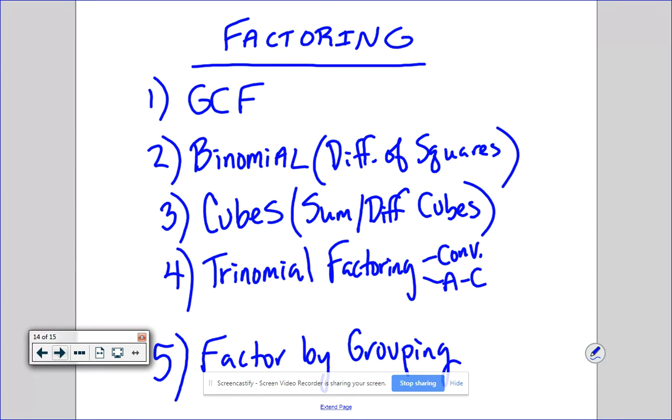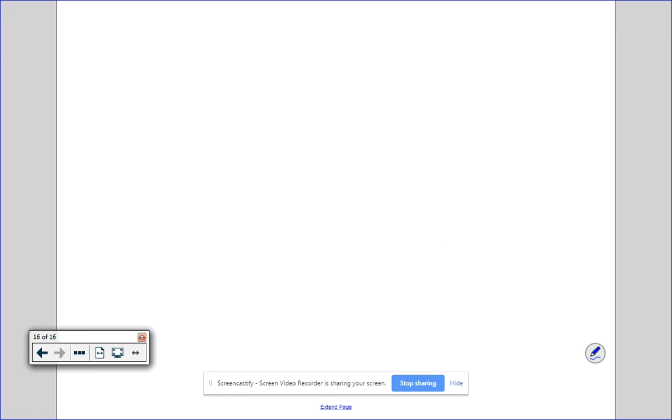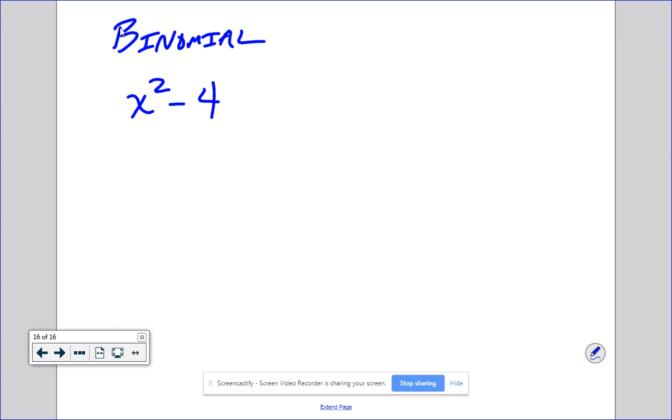All right, binomial, difference of squares. So if we have a binomial, first off, what does a binomial mean? 2 terms. Okay, so there are 2 ways you can have a binomial.